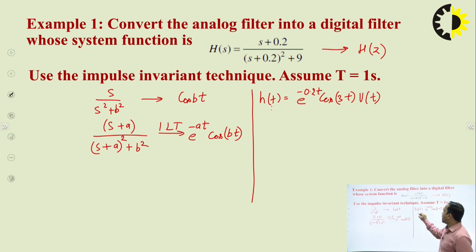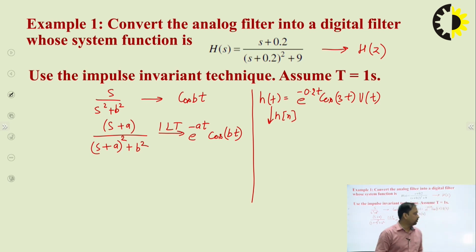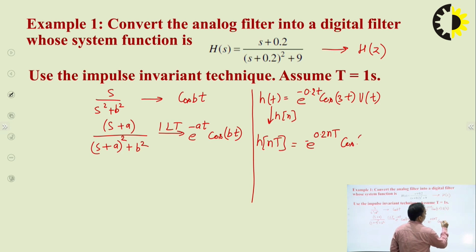From h(t) I can have h(n) by putting t equals nT. So h of nT is e raised to power minus 0.2nT, cos of 3nT and u of nT.